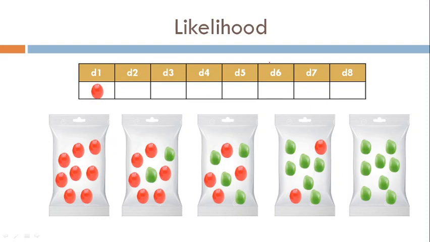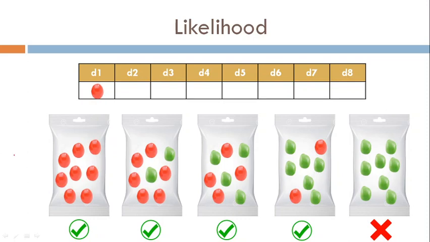Consider the first data value is cherry. The first hypothesis is true, second is true, third is true, fourth is true, and the fifth one is false because the fifth contains all lime candies.